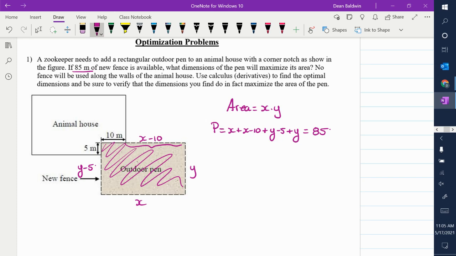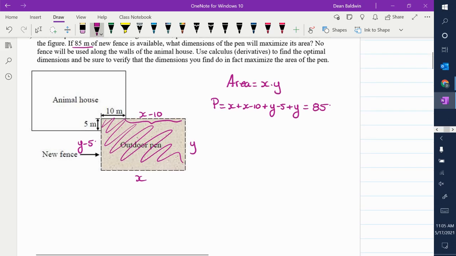Okay, what do we do? Collect your like terms. So I'm going to have 2x plus 2y. Negative 10 and negative 5 is negative 15. If I move it to the other side, I get 100.